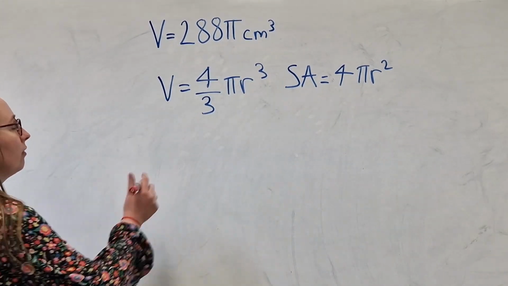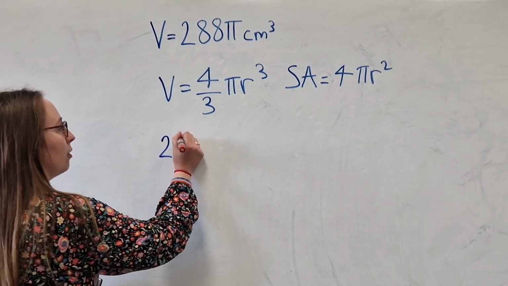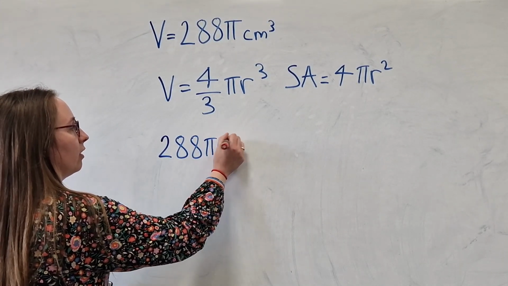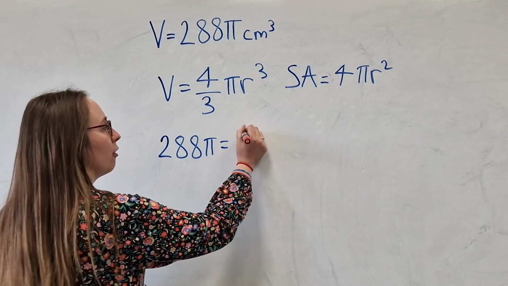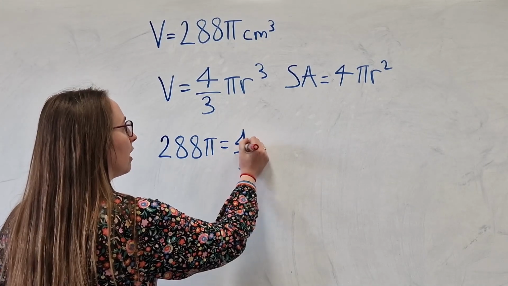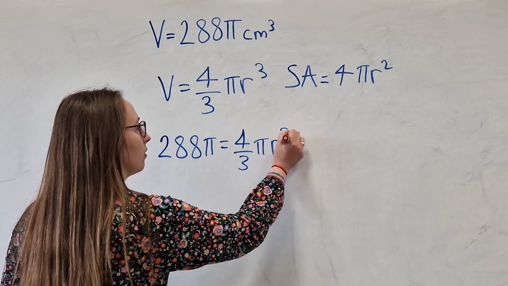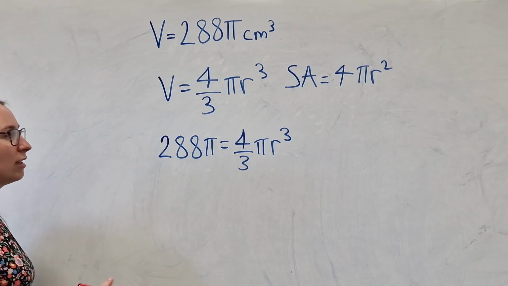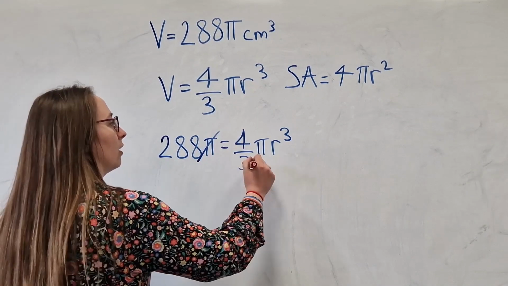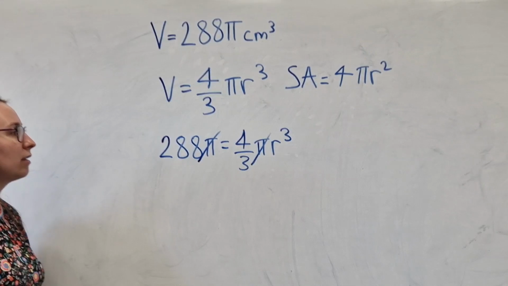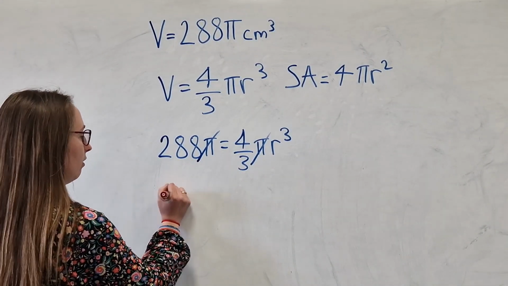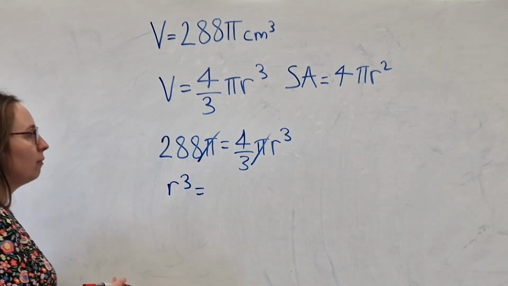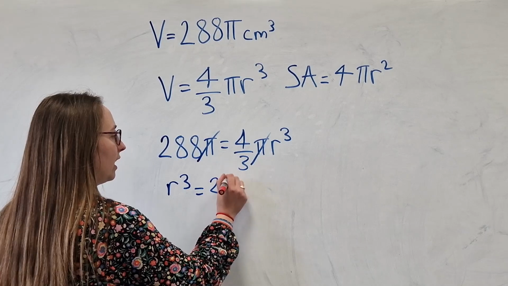So if we're given that the volume is 288 pi, and we know that equals 4/3 pi r cubed, if we rearrange this, we can find out what r cubed is. To begin with, to make my life easier, I'm just going to cancel the pi on both sides, and then we can write r cubed equals 288.